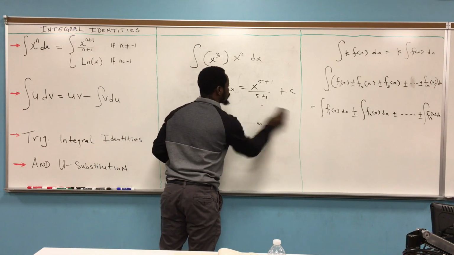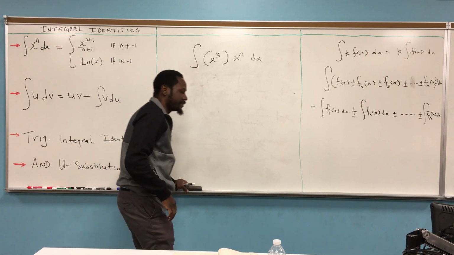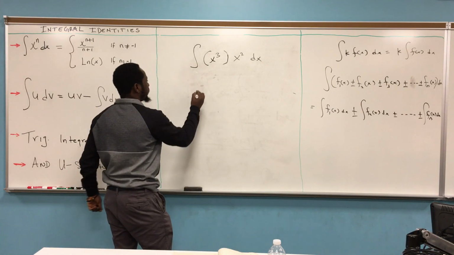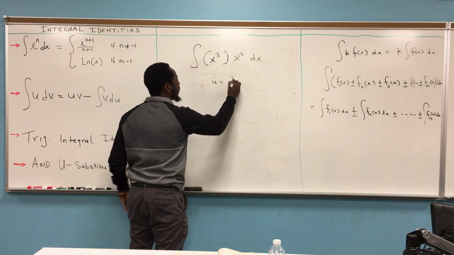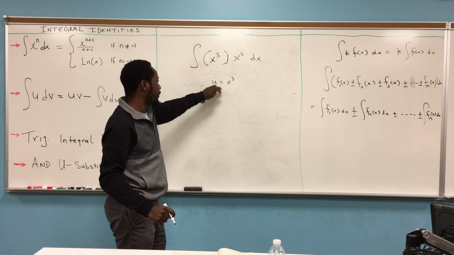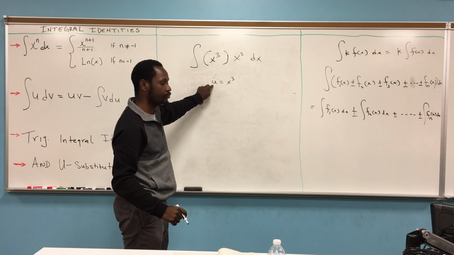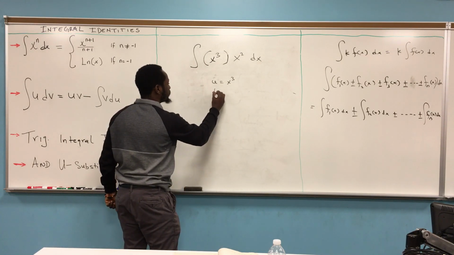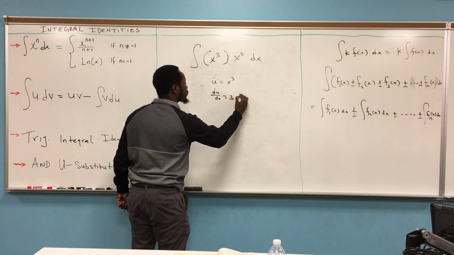Now, if I'm going to use U-substitution, let's assume I don't know what I'm doing. If I call x to the third u, I can easily find du dx, which is 3x squared.